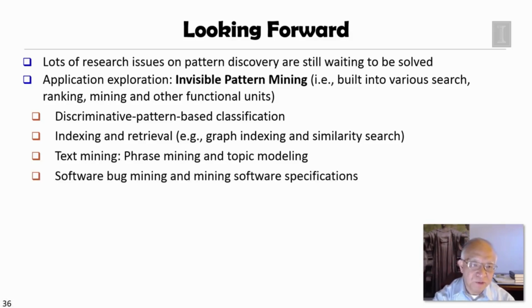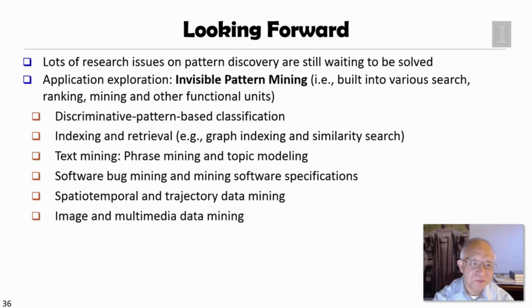When people are doing software analysis, you may use pattern mining methods to discover lots of bugs or software specification regularities and patterns, which may help us find bugs in software. For spatial, temporal, trajectory, or movement pattern mining, frequent pattern analysis can be an interesting method added to this set of weapons.